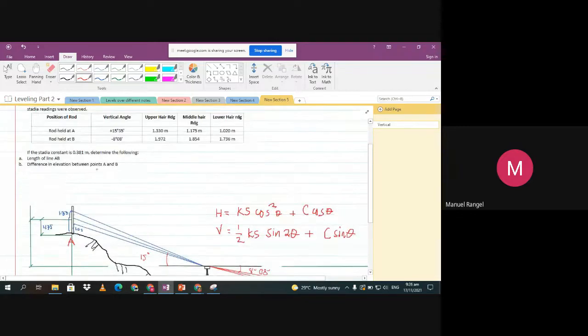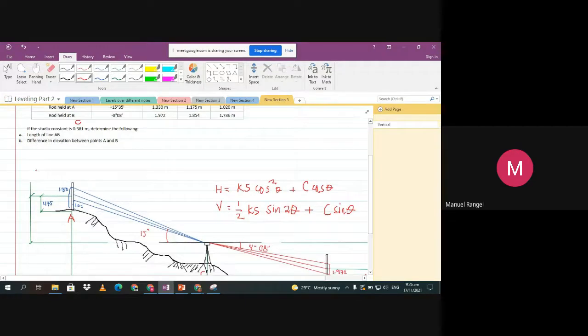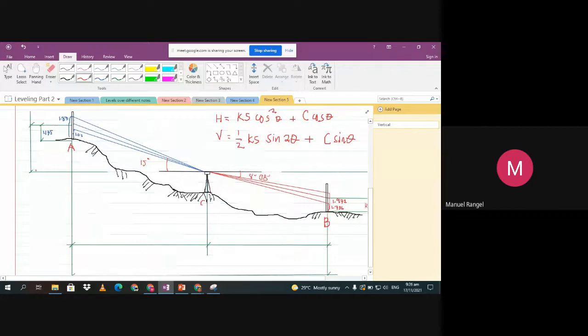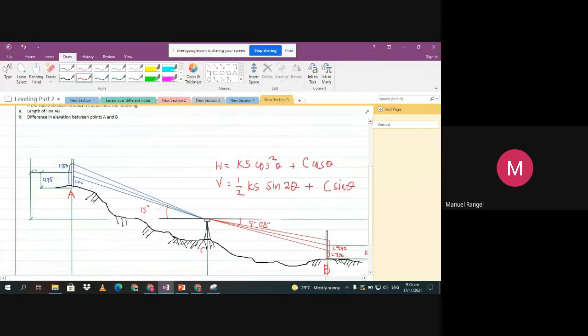So, the required is the length of the line AB. Stadia constant is 0.381. So, that is the value of C. And the difference in elevation between points A and B. Okay, so first, we will compute for the horizontal distance of each rod, no? So, from the instrument.